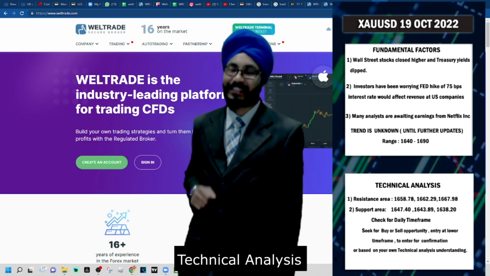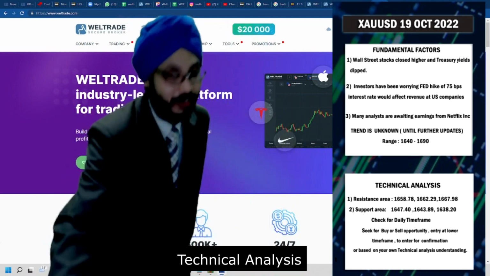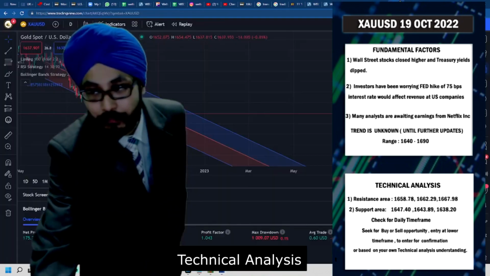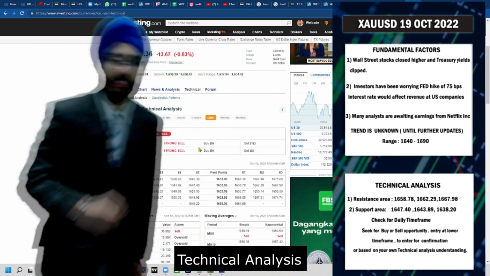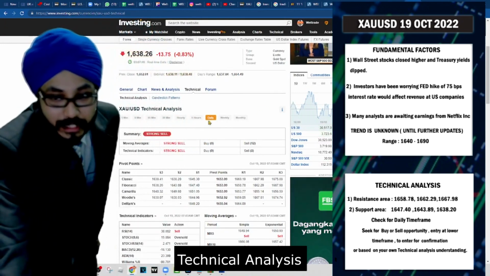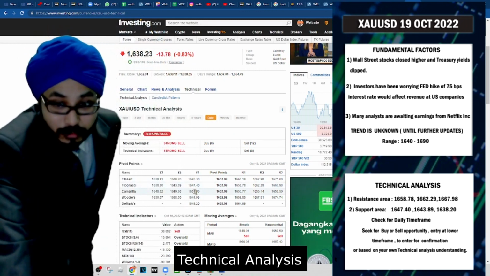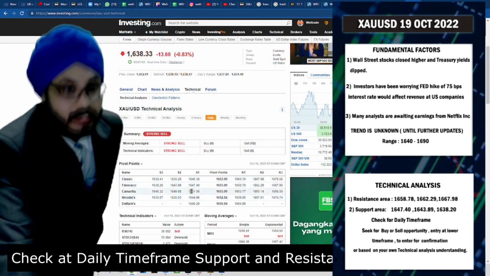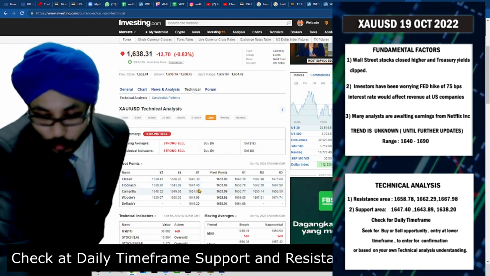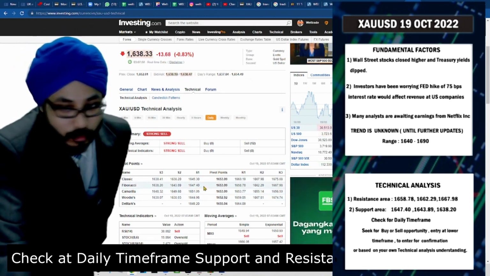Moving forward with our technical analysis, I will take you to investing.com. As we are able to see here at investing.com, we can go to the daily. Under the daily, we look at the Fibonacci and we have 3 support points. For support 1, we have 1647.40.